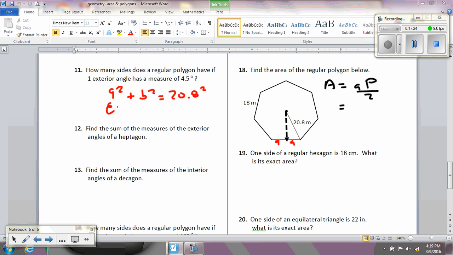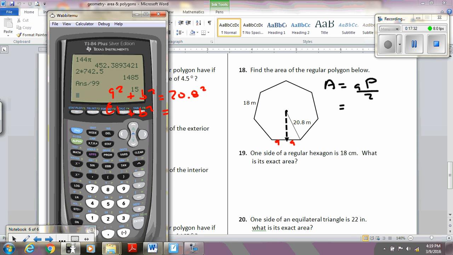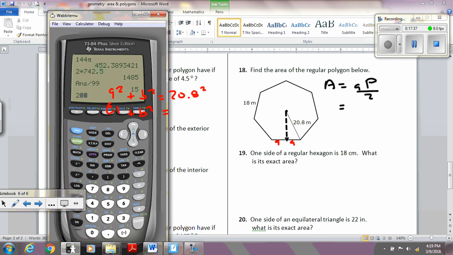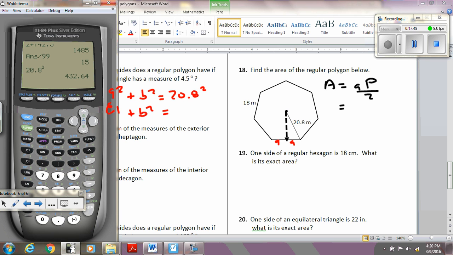We know 9 squared is 81. 20.8 squared is 432.64.